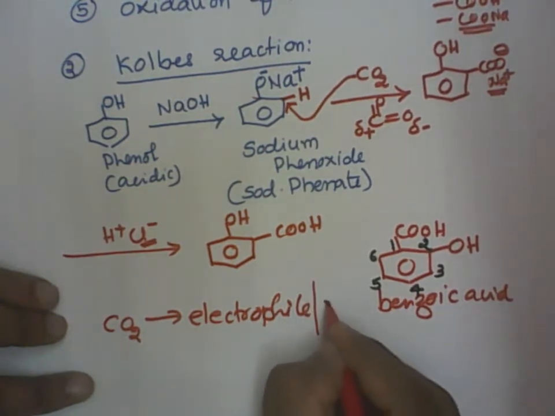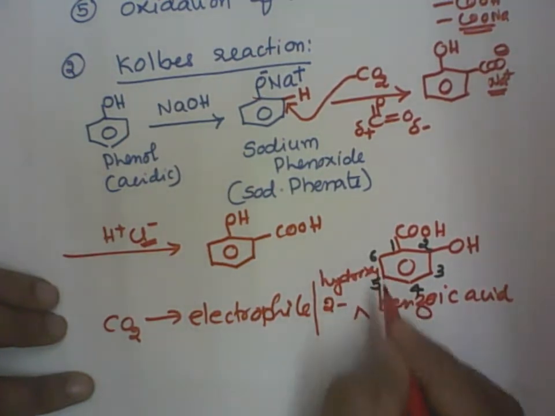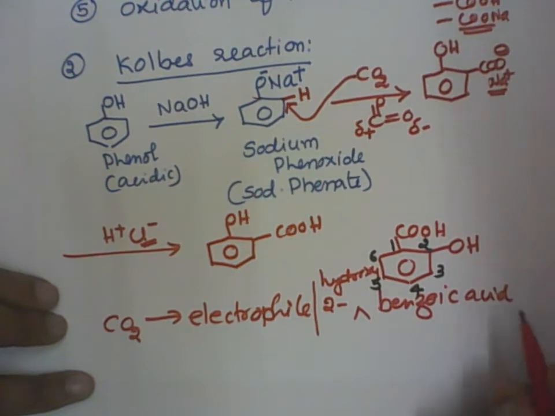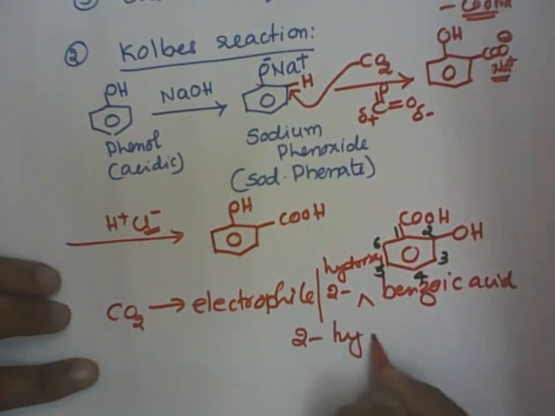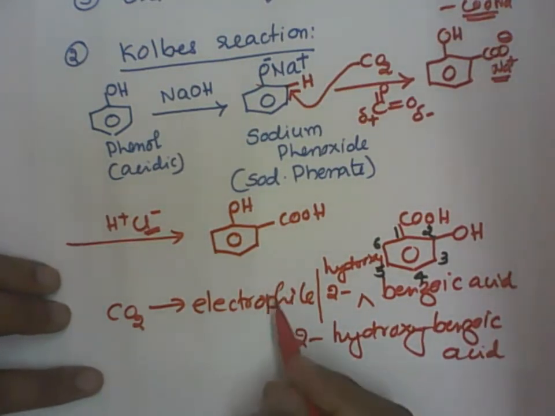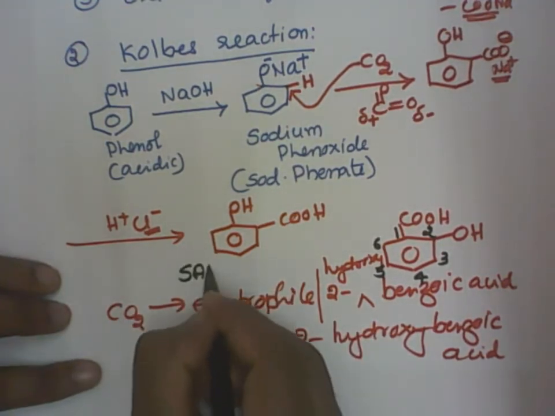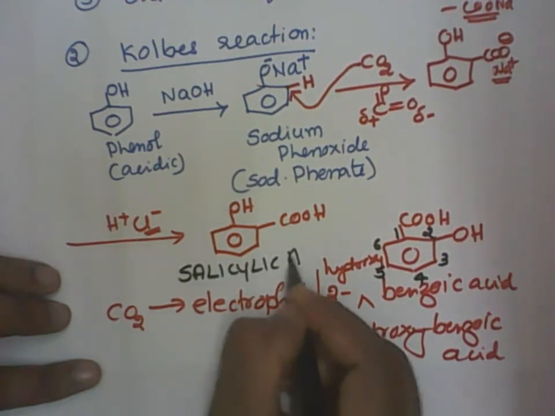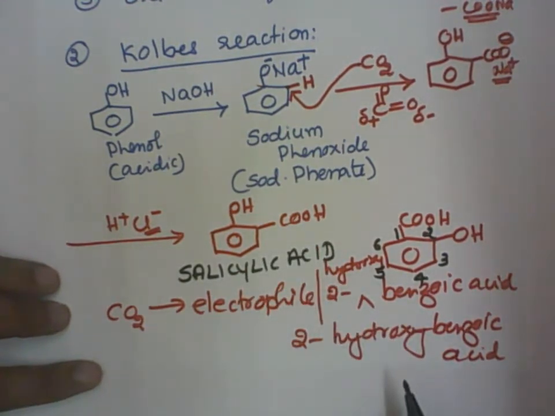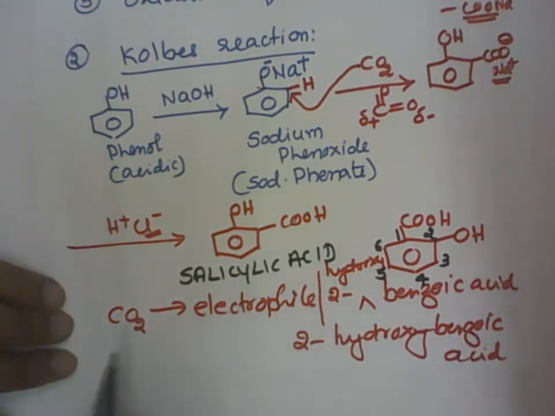So it becomes 2-hydroxybenzoic acid. This is the IUPAC name. What is the common name generally called? This is also known as salicylic acid. So during Kolbe's reaction, we get salicylic acid.